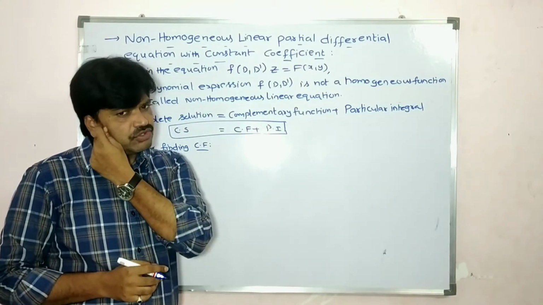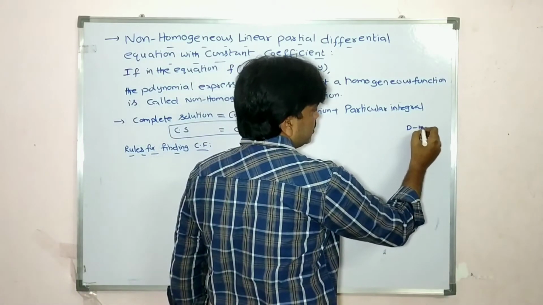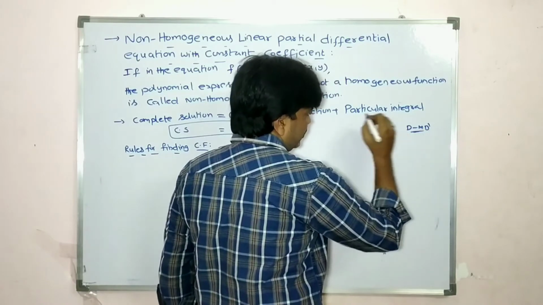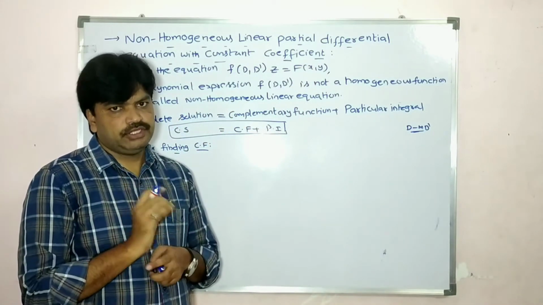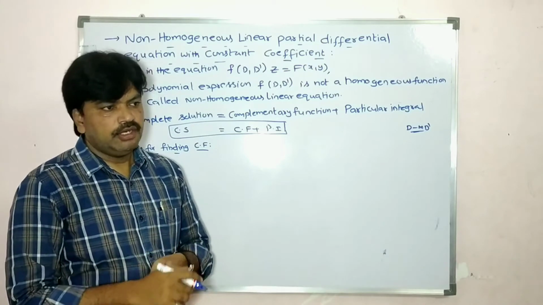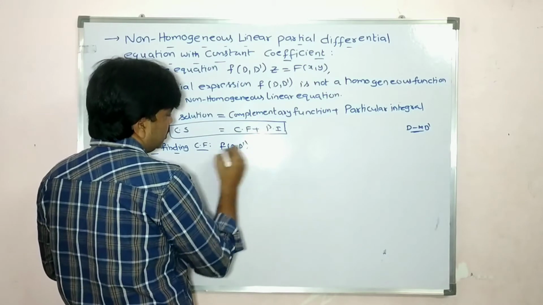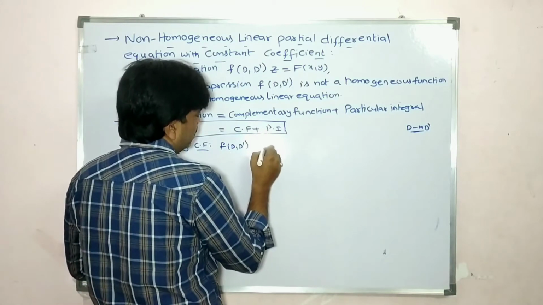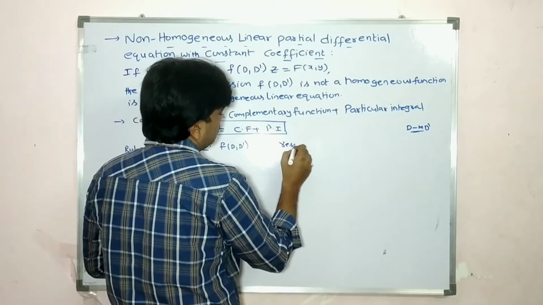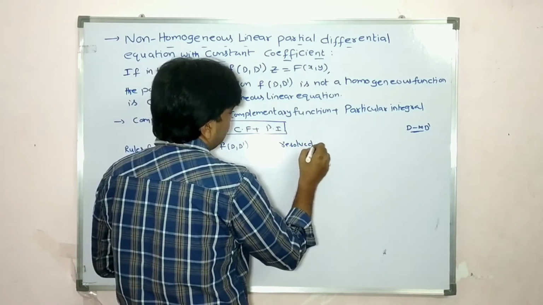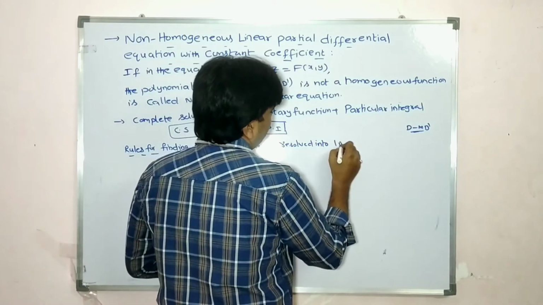Previously, we had the factor form D minus mD dash for the homogeneous case. Now, here F of D comma D dash can be resolved into linear factors.